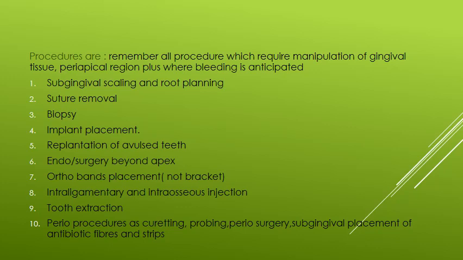Just remember this. And intraligamentary and intraosseous injections, not the normal local anesthesia which we give. Tooth extraction and perio procedures such as curettage, probing, periodontal surgery, subgingival placement of antibiotic fibers and strips. So keep in mind that for all the procedures which require manipulation of gingival tissue, the periapical region, and where bleeding is anticipated, you will give antibiotic prophylaxis.